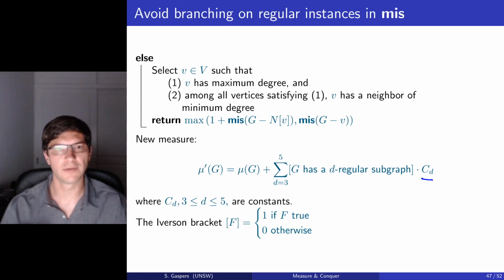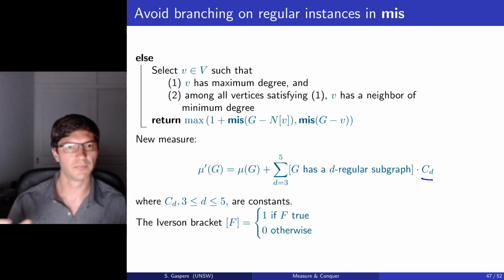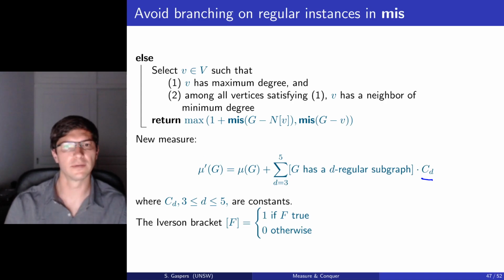And if g still has a 5 regular subgraph, then I add a constant c5. So this in brackets is an Iverson bracket, and it evaluates to 1 if the condition between the brackets is true, and it evaluates to 0 otherwise. Okay, and so I don't even need to specify what these constants are.